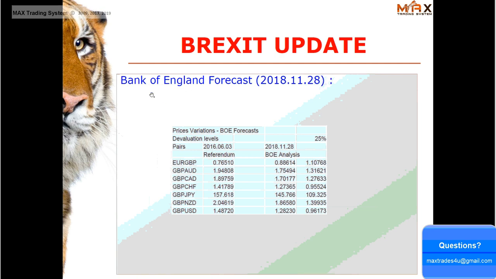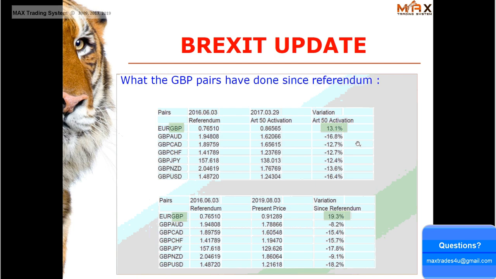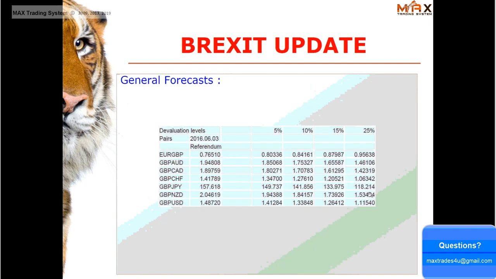First of all, a forecast by the Bank of England on November 28 last year. The forecast has been a drop of around 25% of the pound. And you can see that 25% also represents the extreme level of the pessimistic group of forecasts in the previous slide.